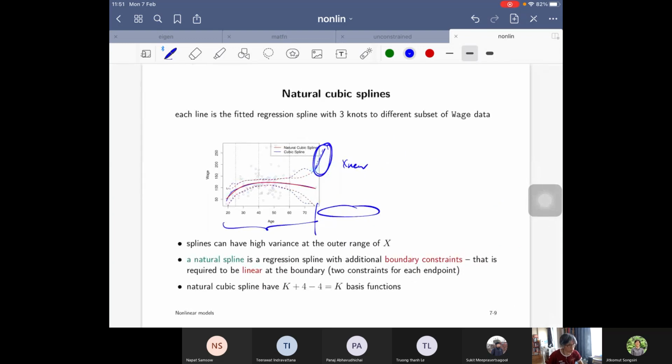To fix this problem, there is the concept of a natural spline. Now, a natural spline is actually a regression spline where you add more constraints, and those additional constraints are applied at the boundary, where you enforce things to be linear.